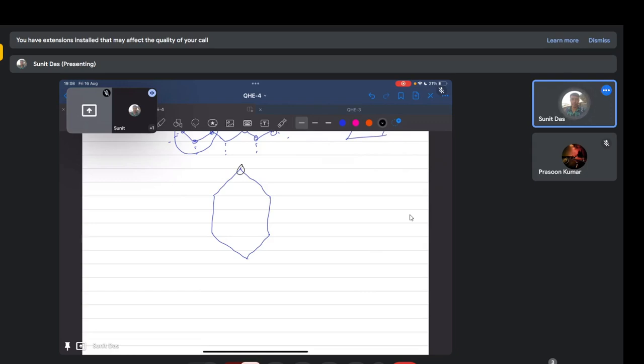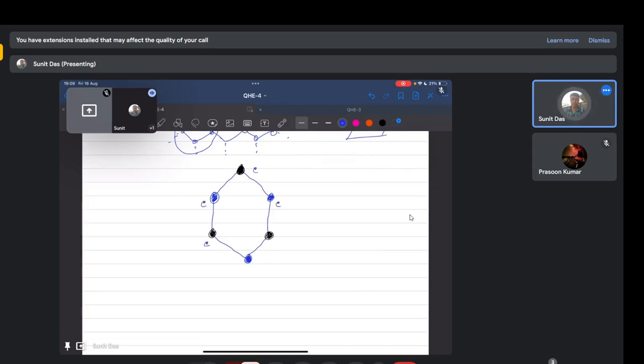This is, let's say, one type of atom, and then there is a second type of atom also.